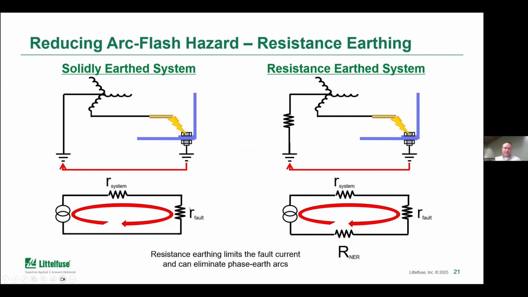So if the resistance of the fault is very low, then you could have a very high fault current. And that could certainly be a potential arc flash.